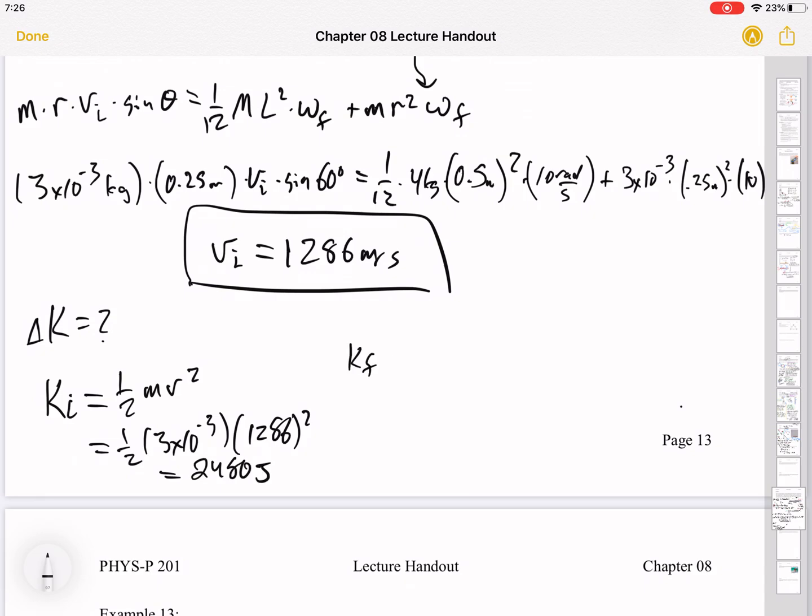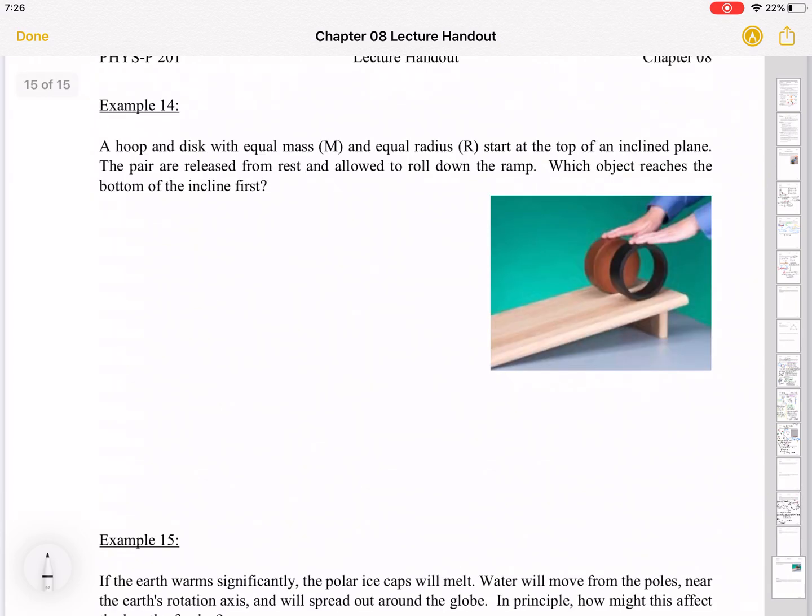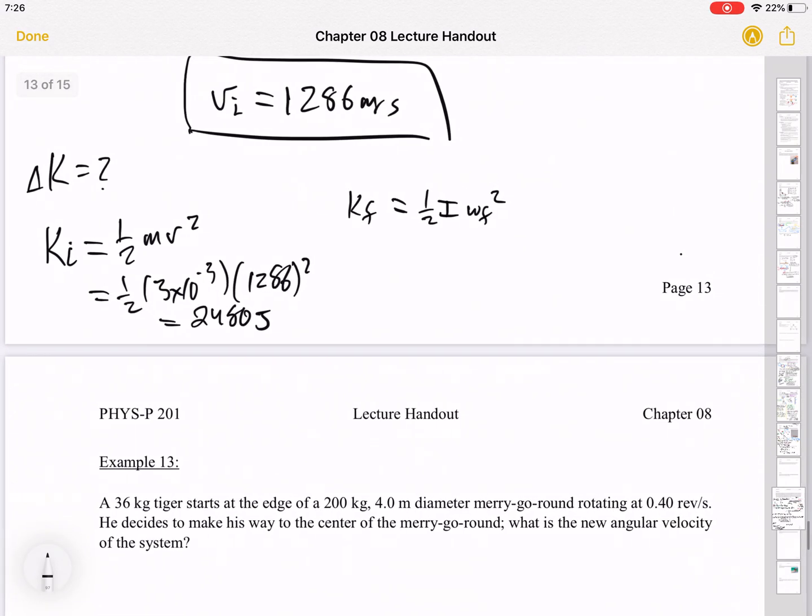K final is both of those objects now rotating. So I'm going to say half I omega final squared for the rod, plus the same thing, half I omega final squared for the bullet.